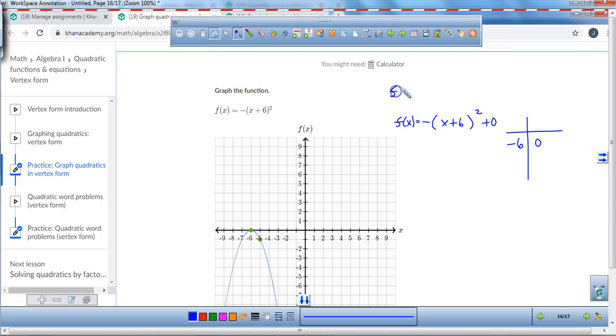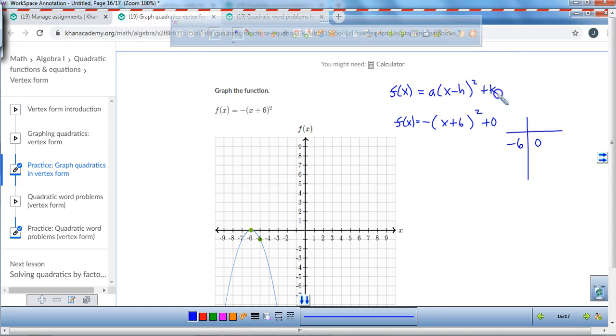Just remember vertex form. It's always helpful just to write out vertex form, so I'm going to write it out one more time so you guys can see your h and your k value. There's your h value, there's your k value.